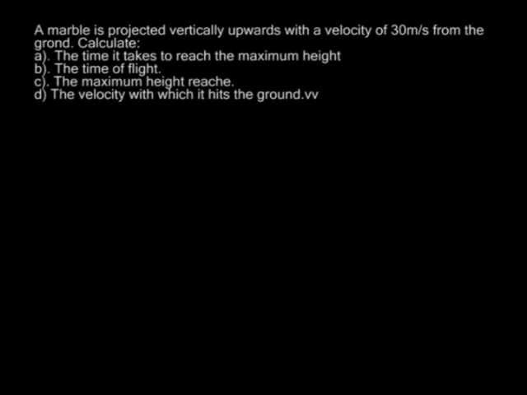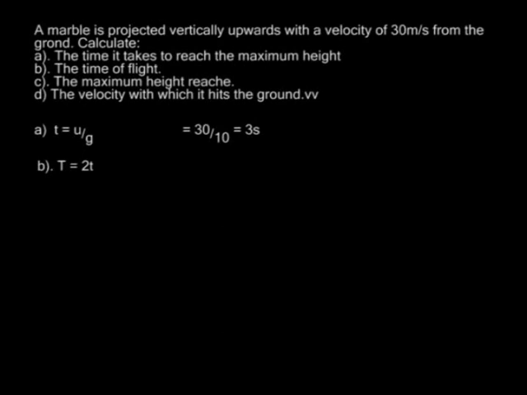In the solution for A, time taken to reach maximum height is given by t is equal to u over g, which is equal to 30 over 10 and is equal to 3 seconds. B, time of flight is given by T is equal to 2t.